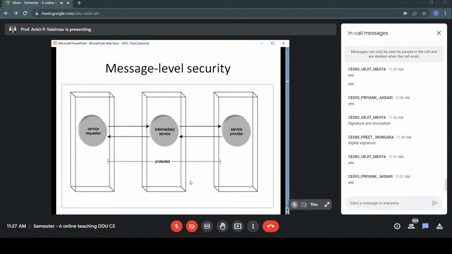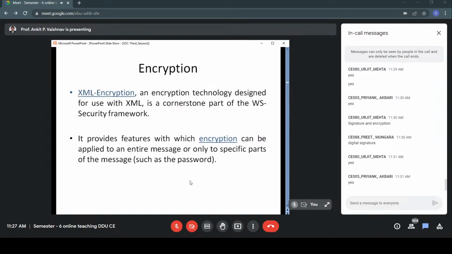Okay, fine. So for that, we have one standard, that is XML encryption. It is a technology designed for use with XML messages, right? It provides features with which encryption can be done either to an entire message or to only specific parts of the message, right? Ideally, would you be encrypting the entire message?